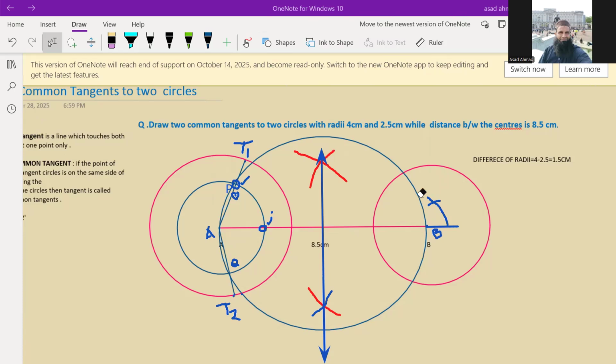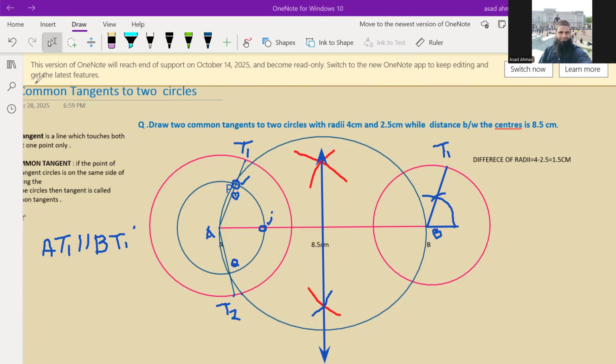So we need actually a parallel line that is not a 60-degree angle. This is basically a parallel line. If I mark this point as T1 dash, so in fact I have to draw AT1 parallel to BT1 dash.